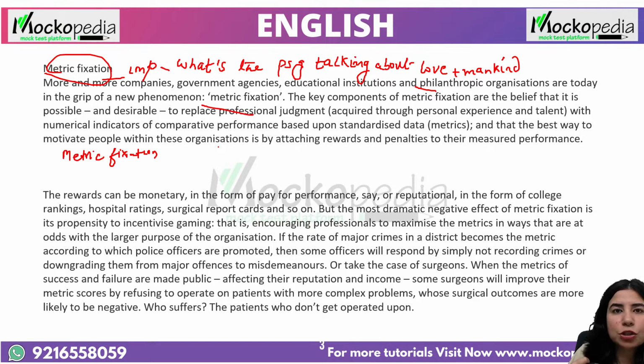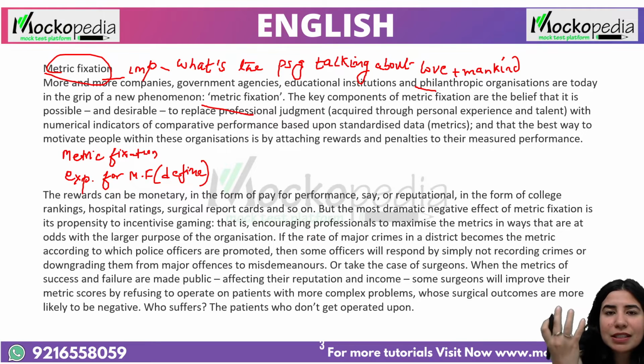So they're saying instead of observing and reaching to the discussion, let's attach some numbers and some data, which they are terming as metrics, and based on that, you attach rewards and penalties. So this is explaining what metric fixation is. So you can write there's an explanation for metric fixation, or they're defining metric fixation, right?